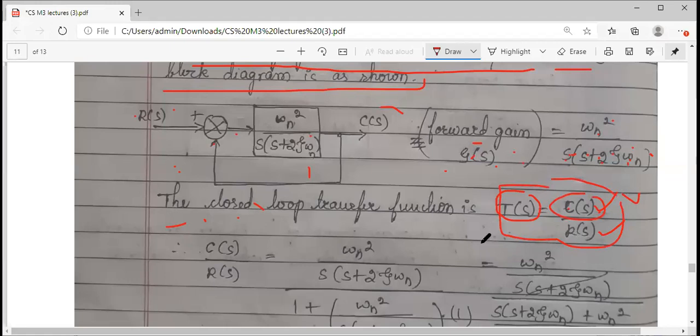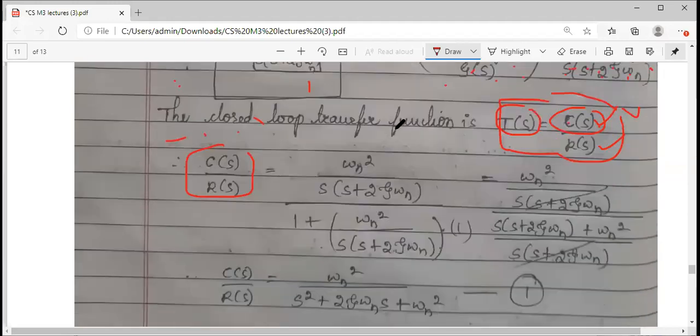After that I will go for inverse. But as for now, it all are in S domain. So C by R is equal to, I have written forward gain divided by 1 plus forward gain into the feedback gain. So feedback gain का value तो 1 है, unity feedback है, you don't have any H term here.